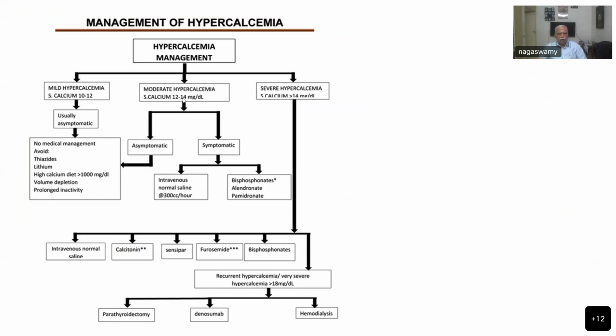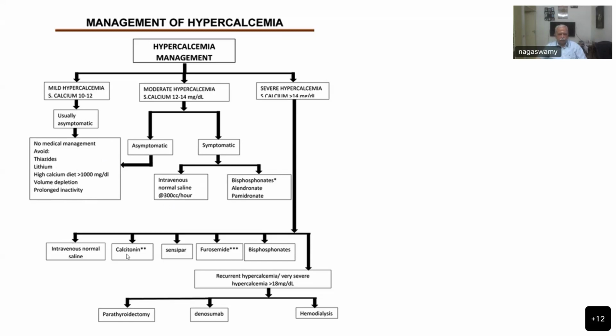And if it is moderate and they are asymptomatic, again nothing needs to be done. But if they show symptoms of bone pain, groans and moans, or psychological disturbance, intravenous normal saline plus bisphosphonates can be given. And if it is severe, then you go for saline.